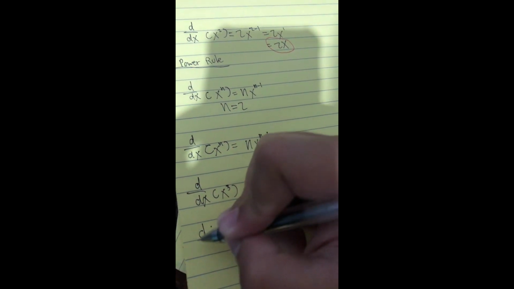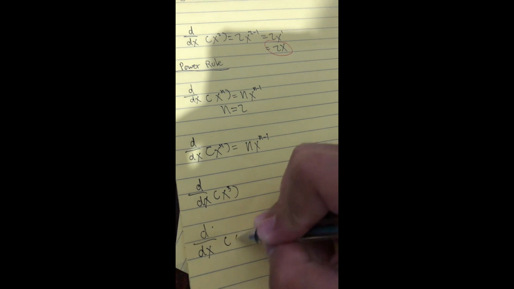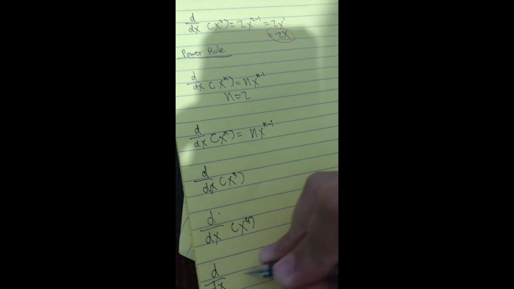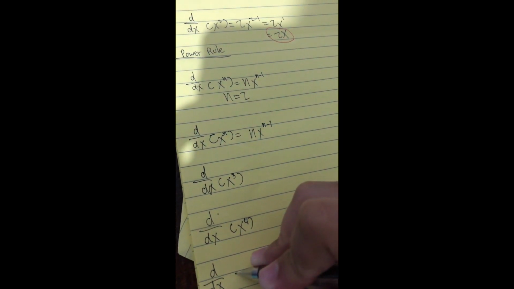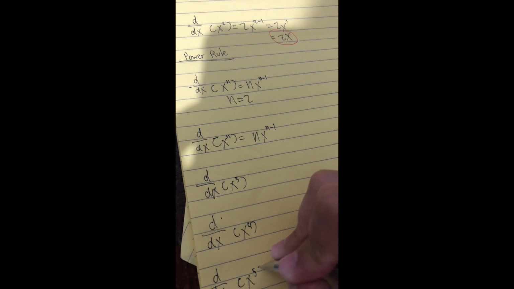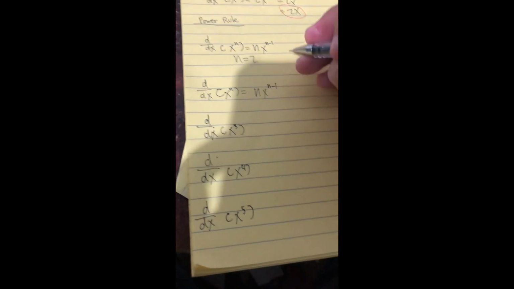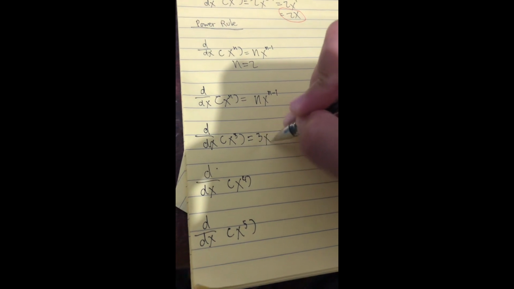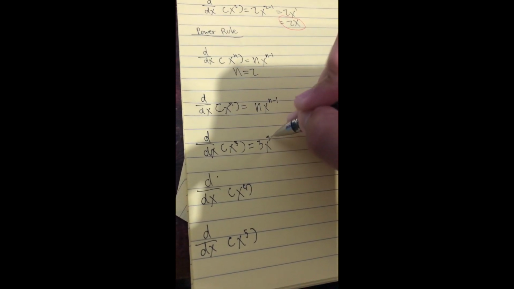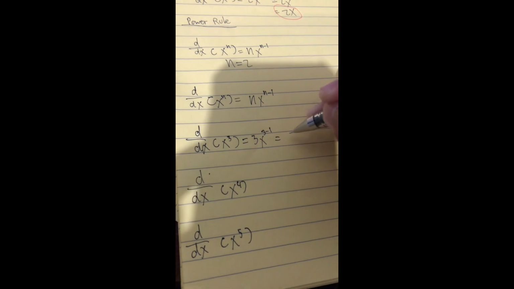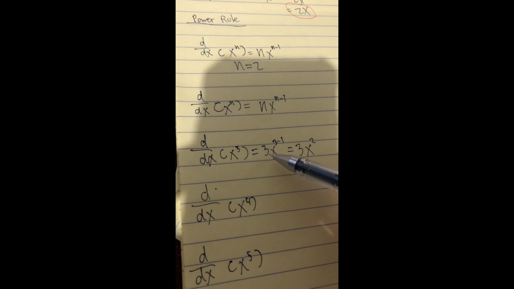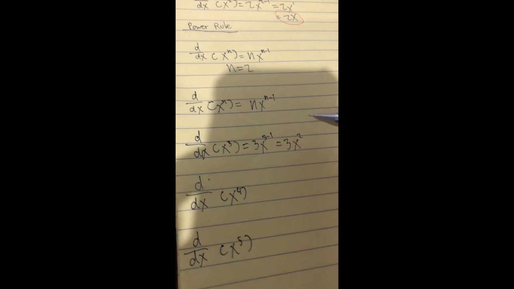Then next is the derivative of x to the fourth, and then the derivative of x raised to the 5th power. First of all, the derivative of x cubed is 3x raised to 3 minus 1, which is 3x squared. We copy the exponent, then subtract 1.